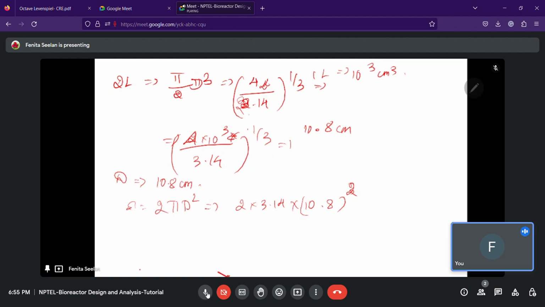So this will become 2 into 3.14 into 10.8 the whole square. It's around 732.49 centimeters square. And what else you need?